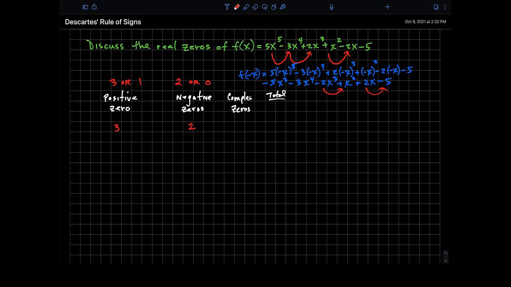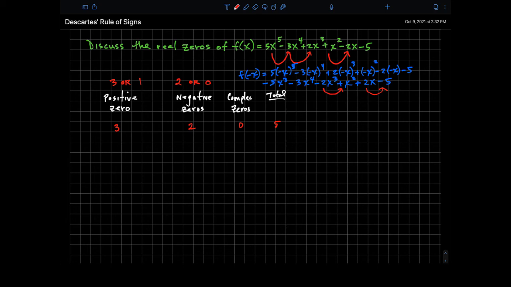So there will be no complex zeros, giving it a total of 5 zeros altogether, or 5 roots, whether imaginary or real. Since 3 are positive and 2 are negative, there are 5 real roots and none are complex.